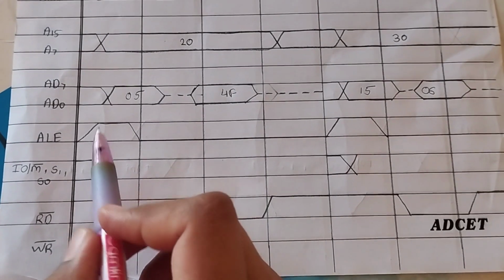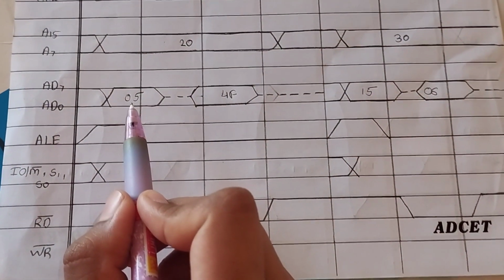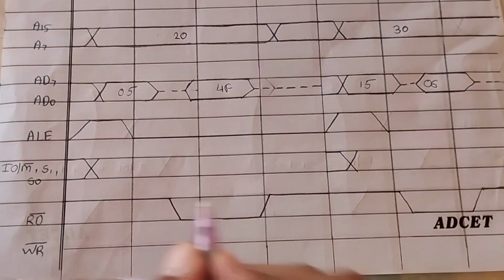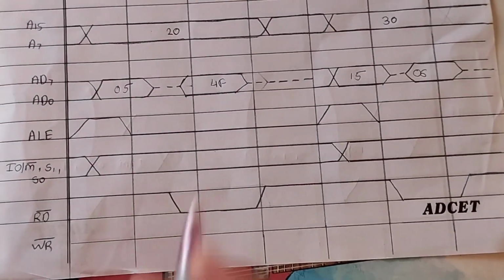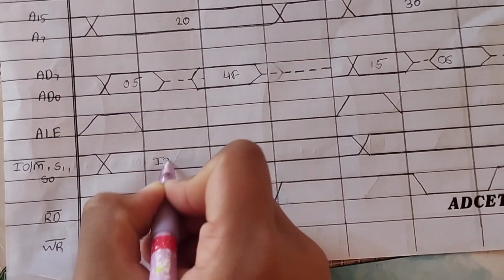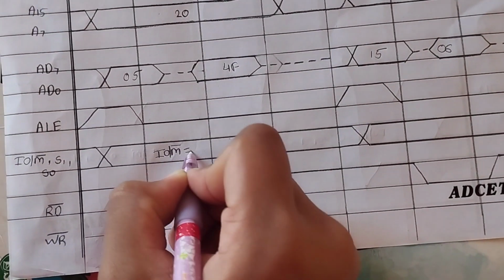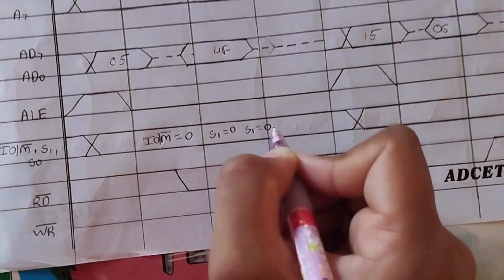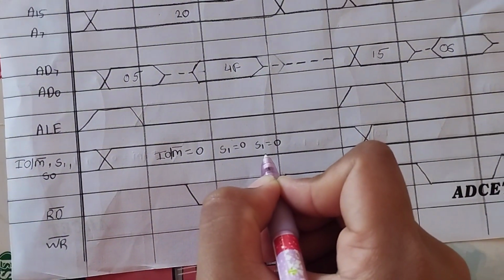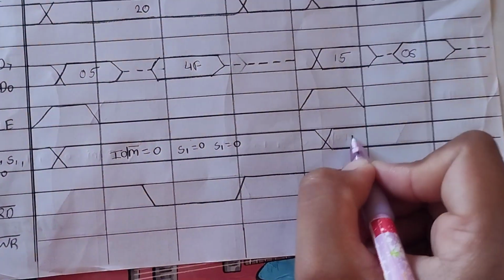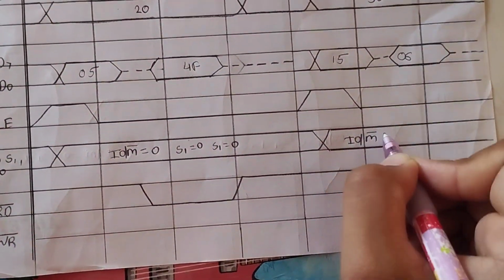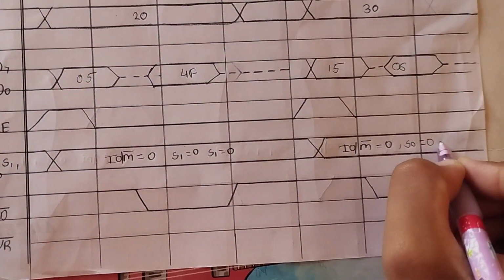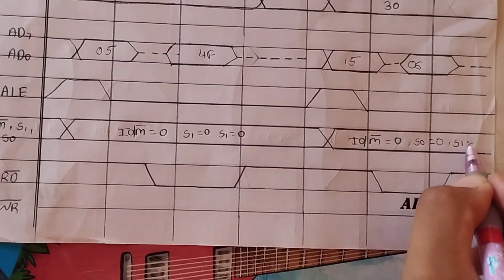Now when our least significant address is going out, at that time ALE goes high, and otherwise it is low. Now IO/M bar for our opcode fetch is 0, S1 is equal to 1 and S0 is equal to 1. This is the same for all opcode fetches. And IO/M bar for the read is 0, S0 is equal to 0, S1 is equal to 1.